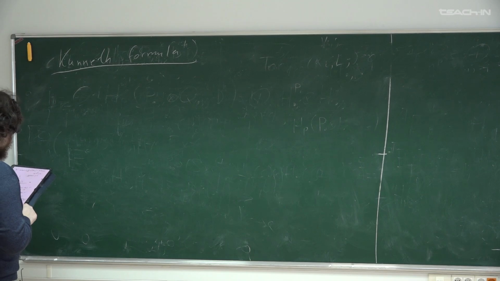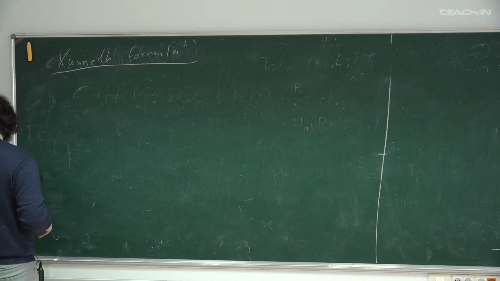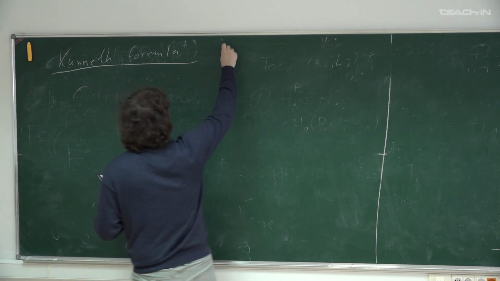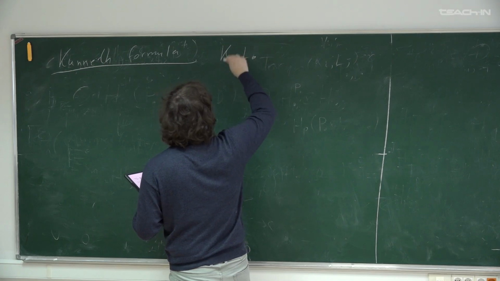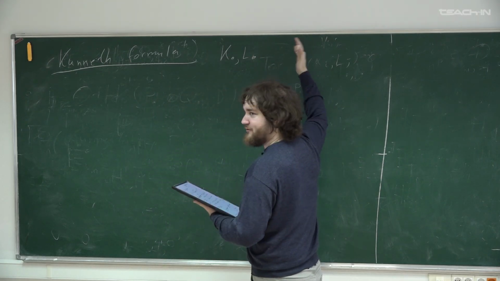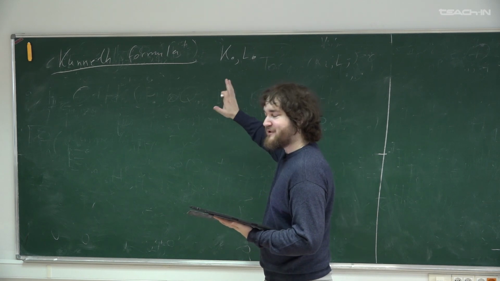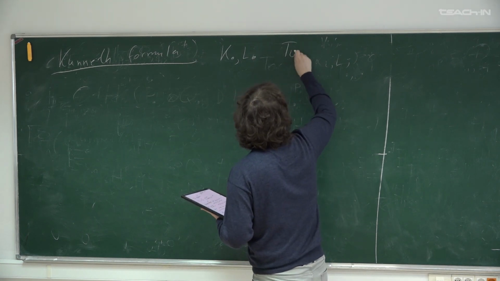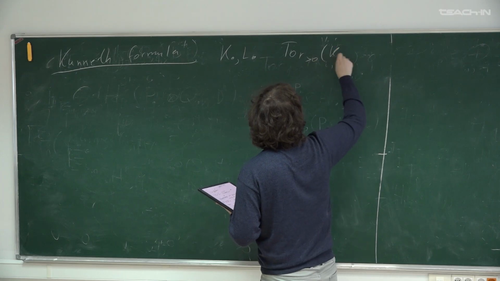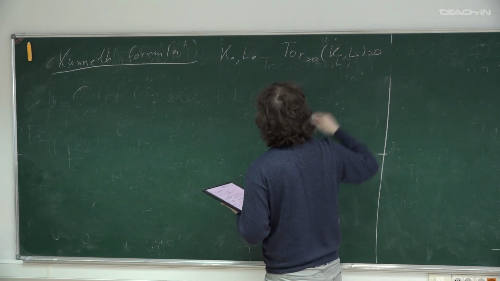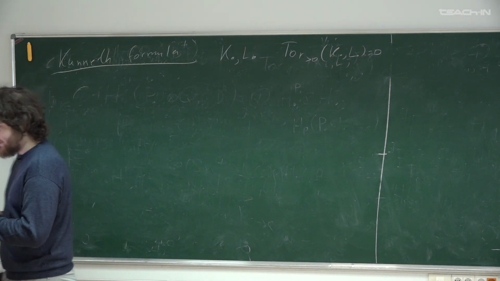Namely, we have the same things. We have K, L bounded below and relatively flat. These are the same assumptions which hold for the Kunneth spectral sequence, because we need the spectral sequence.